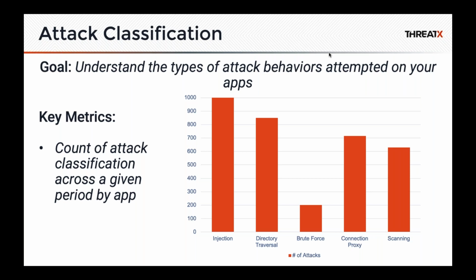The other side of that is vulnerability scanning. That might be SQL injection. That might be looking for known vulnerabilities in the common CMS content management system frameworks out there on the internet.